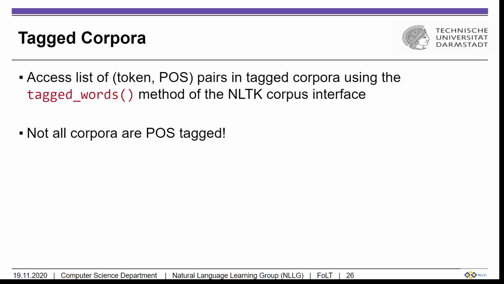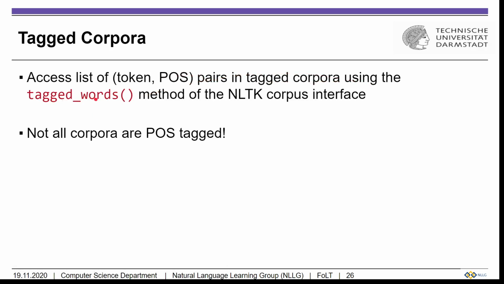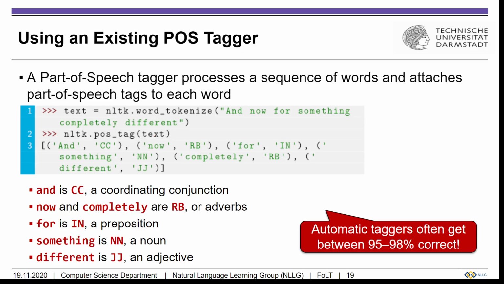If you want to check tagged corpora, then you can get a list of token POS pairs in tagged corpora in NLTK using the tagged words method. And note that not all corpora have POS tags. So we can go back to check.